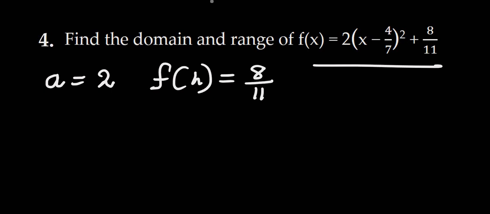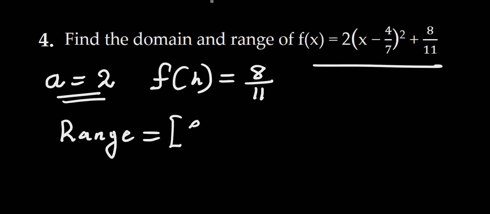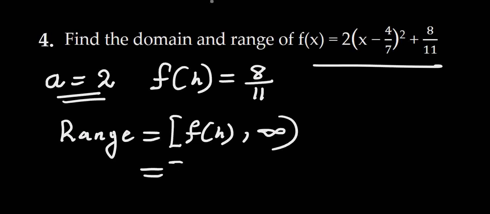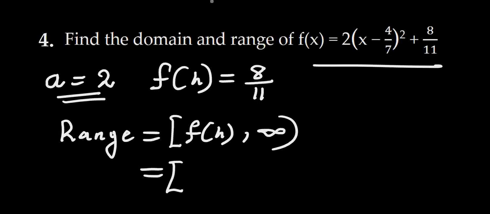8/11. Since the value of a is greater than 0, as you can see here, then the range will take this form: f of h to positive infinity. And because we have found the value of f of h to be 8/11, then the range is automatically 8/11 to positive infinity.